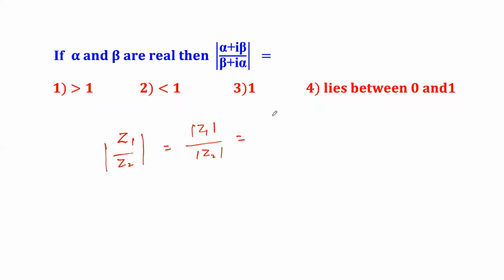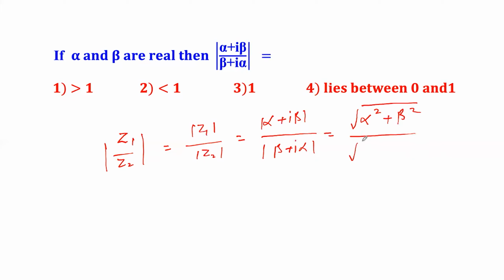Mod Z1 means mod of alpha plus i beta, upon mod of beta plus i alpha. This will be under root of alpha square plus beta square, upon under root of beta square plus alpha square. One of the simplest questions I can say, and we are getting the value as 1.